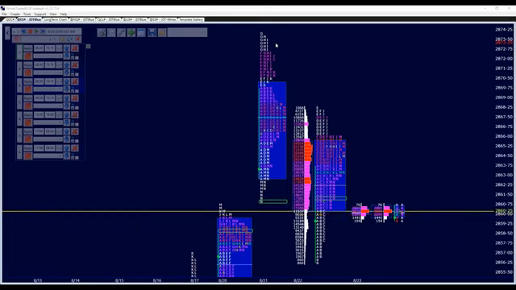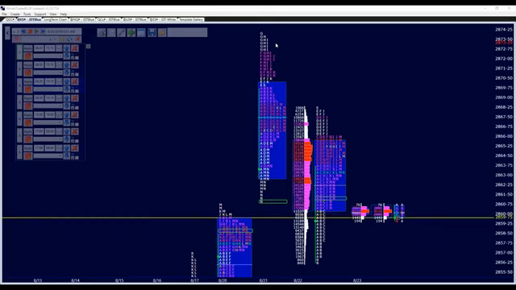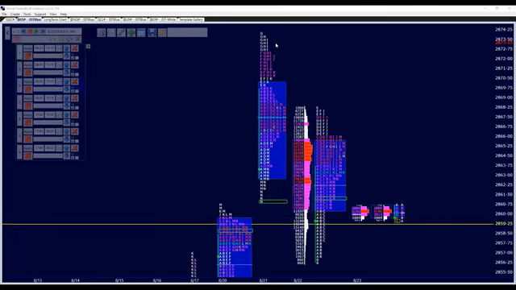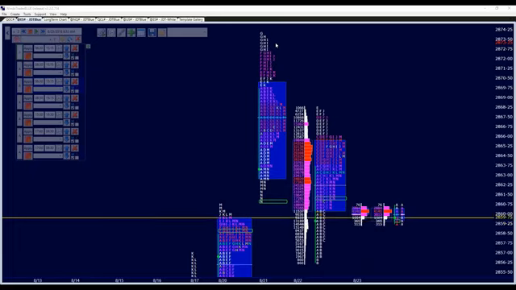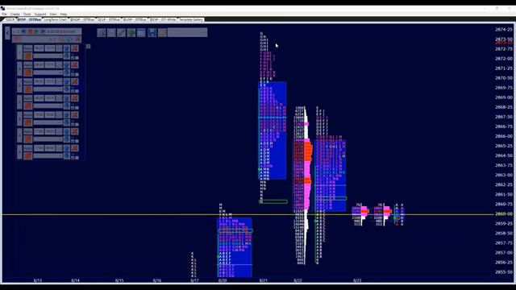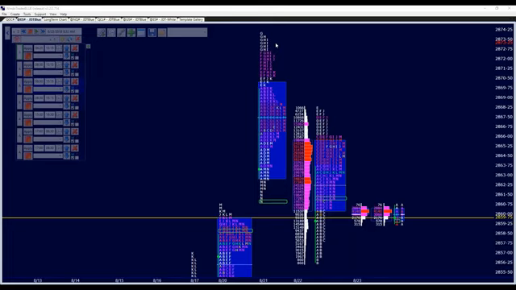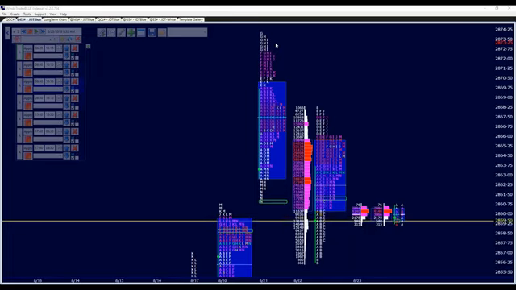Data points are not always action points, but data points are important in determining what kind of odds may exist in the market. Remember, we talked about the need to think in terms of probabilities. Okay, so we've said that the high of 821 is poor because there's no excess or single prints.